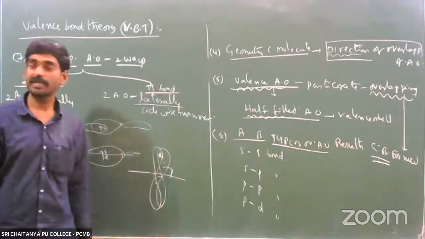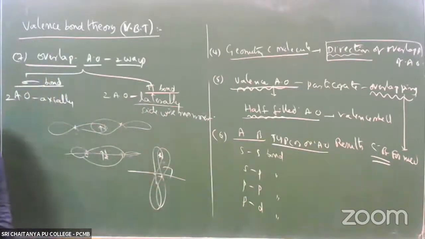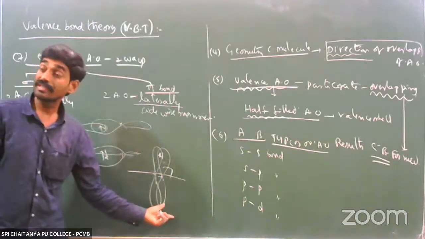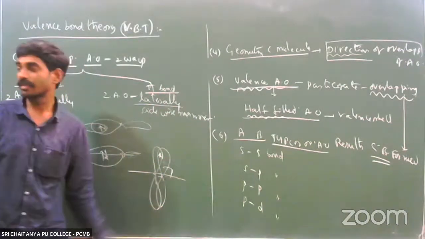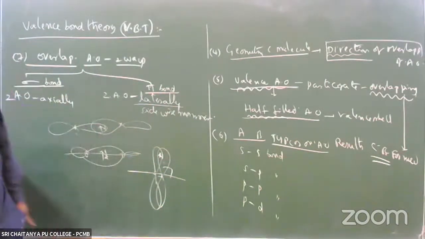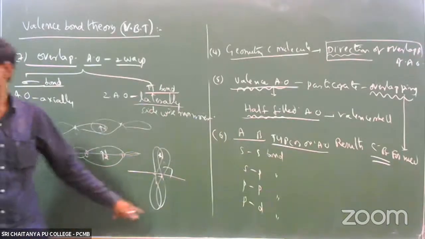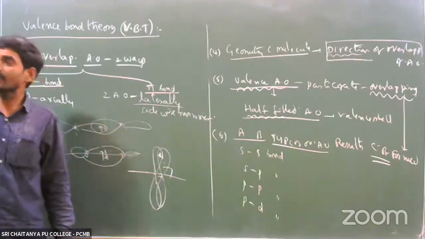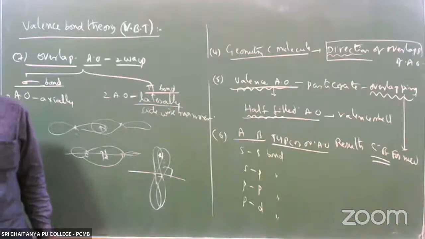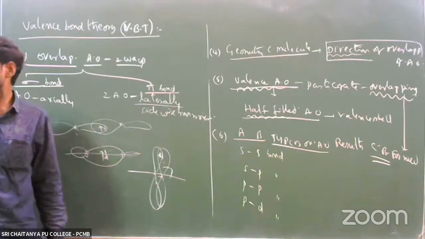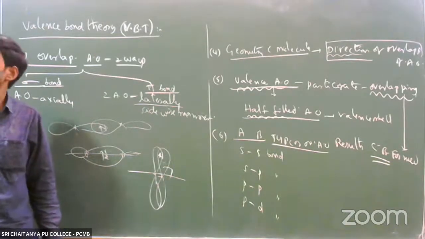But here, the pi bond, right? The pi bond can be formed when atomic orbitals overlap, all types of atomic orbitals, and hybrid orbitals only can form pi bonds. Hybrid orbitals never form a sigma bond. Okay, that means the sigma bond is formed only by pure atomic orbitals, which are not participating in intermixing, which are not hybridized.